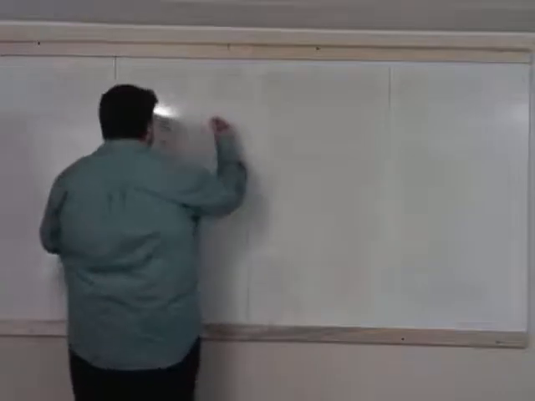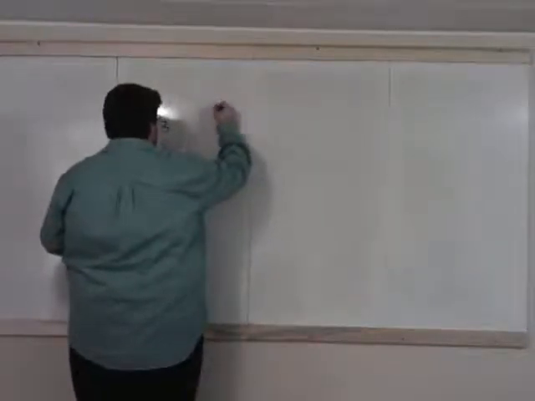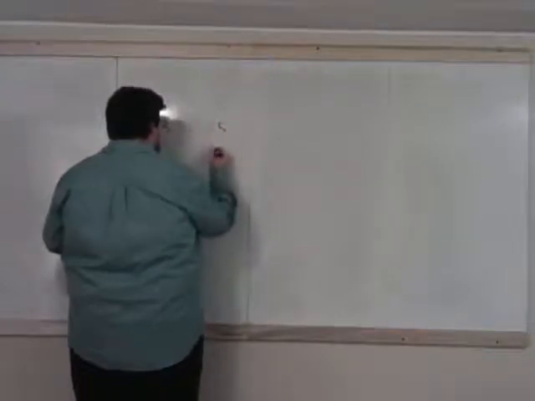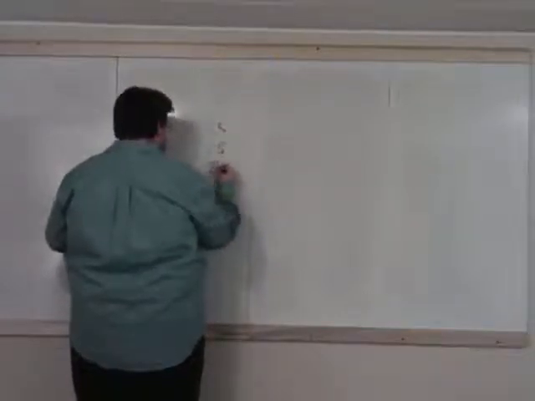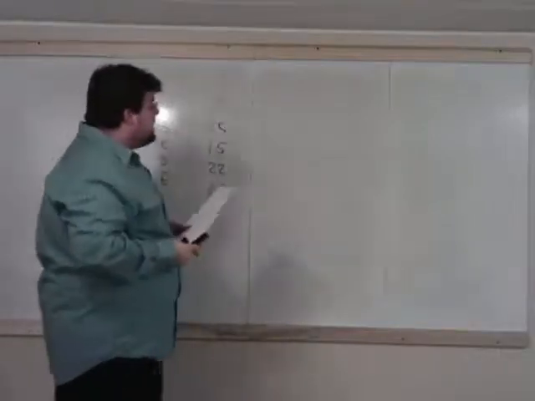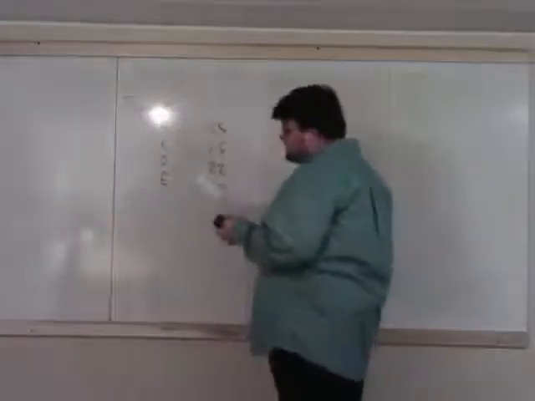Task A takes 13 minutes. Task B takes 25 minutes. C takes 15 minutes. D takes 22 minutes. E takes 27 minutes, and the order requirement graph looks like this.